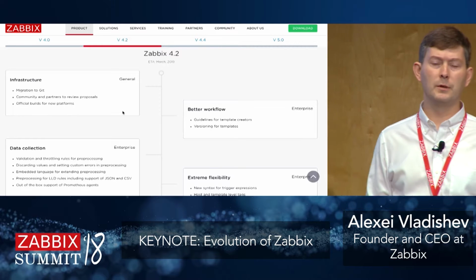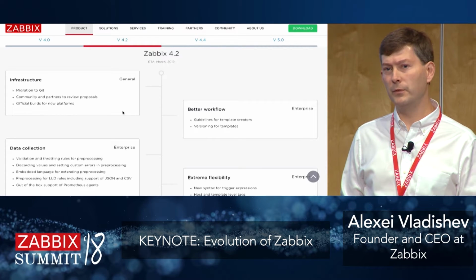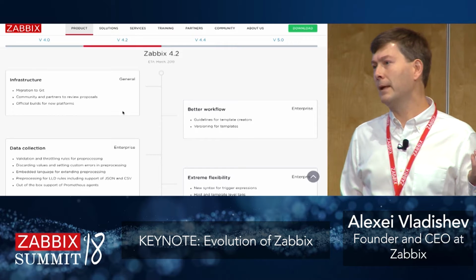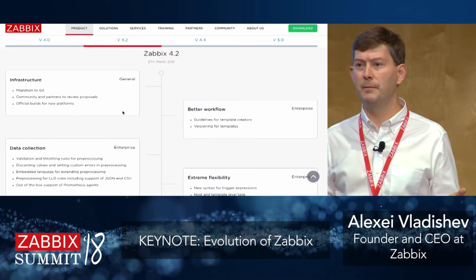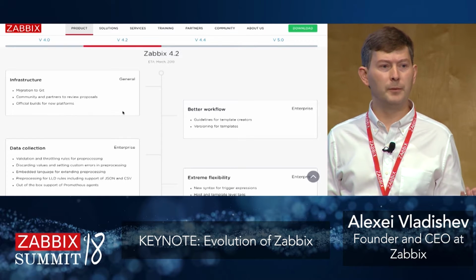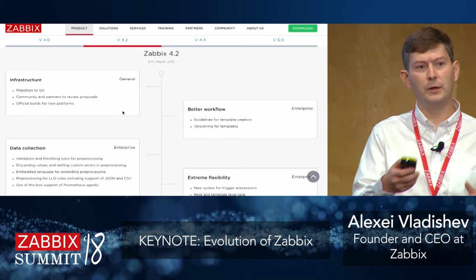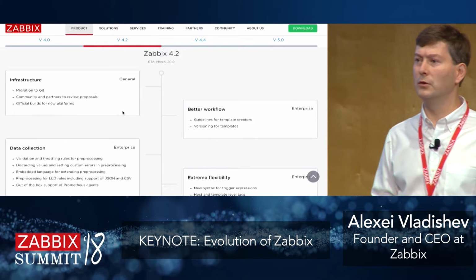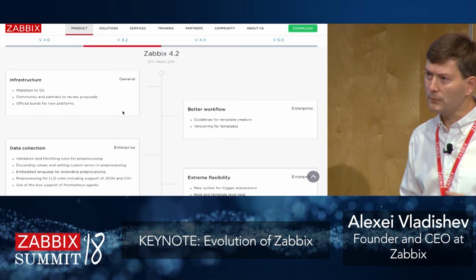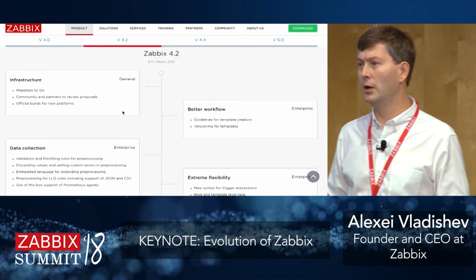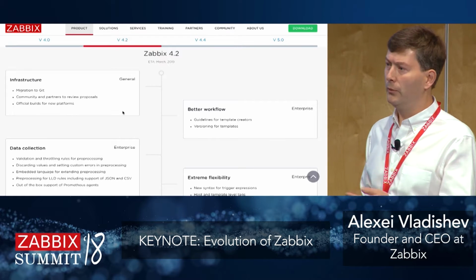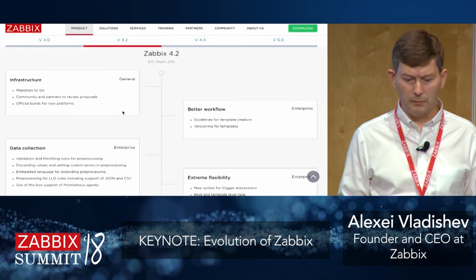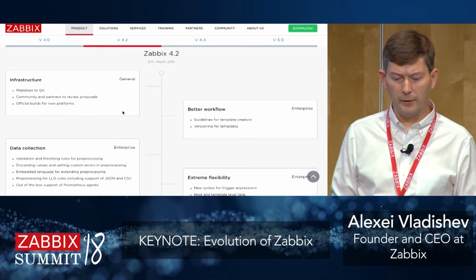With 4.0, for example, some features we implemented 9 or 6 months ago were still not available because they were waiting for the release of 4.0. That's not good anymore. We need to get into a situation with more frequent releases.